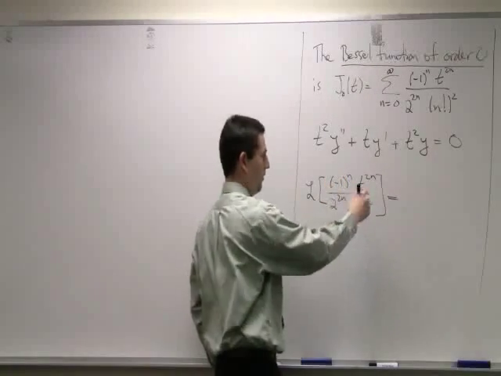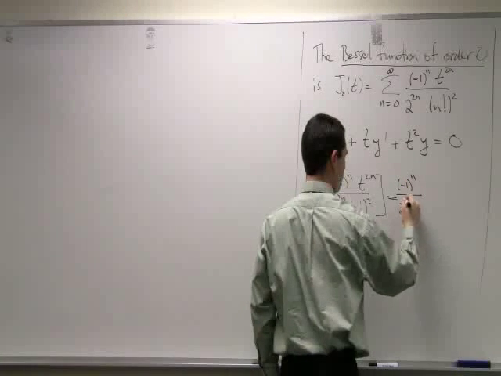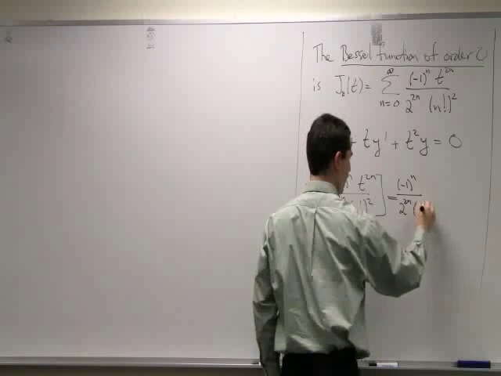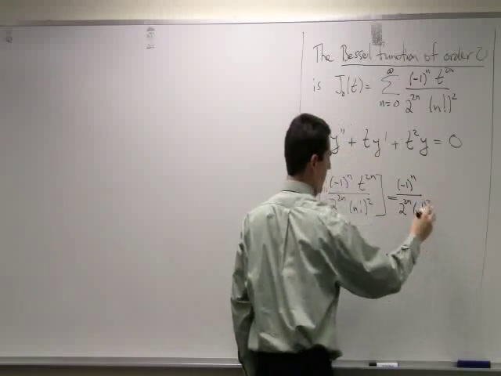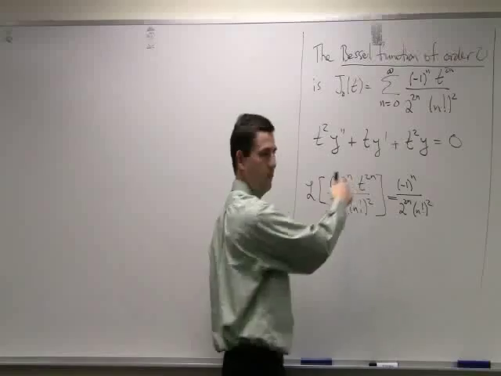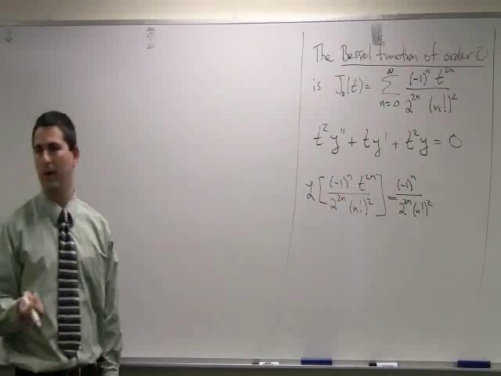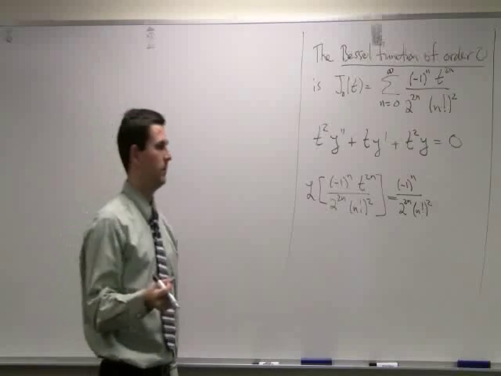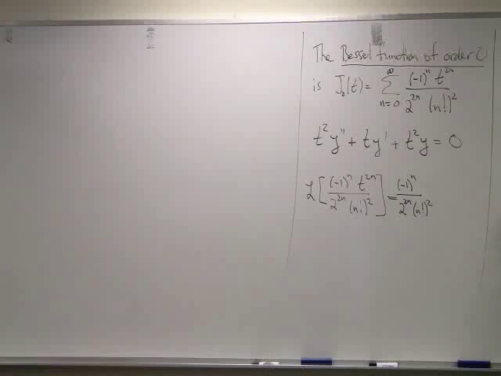Okay, so I can pull this whole thing out: minus 1 to the n over 2 to the 2n, n factorial squared, times the Laplace transform of t to the 2n. So what's the Laplace transform of t to the 2n? Well, let's see. If I replace this t to the p with t to the n, there's my f, here's my L of f.